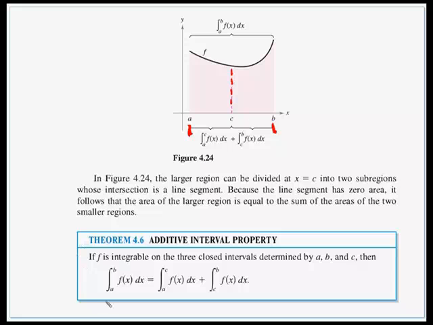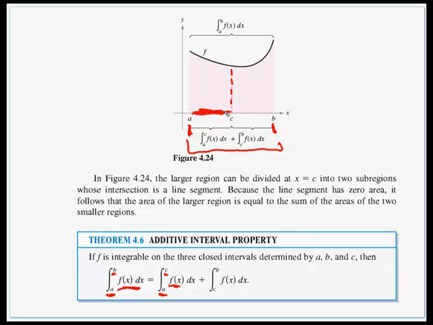So if we look down here in theorem 4.6, if f is integrable on the 3 closed intervals determined by a, b, and c, then the integral from a to b of the function, that's this entire distance, we can break it up into two smaller regions. So changing the integral from a to b, we now have the integral from a to c of f of x dx.